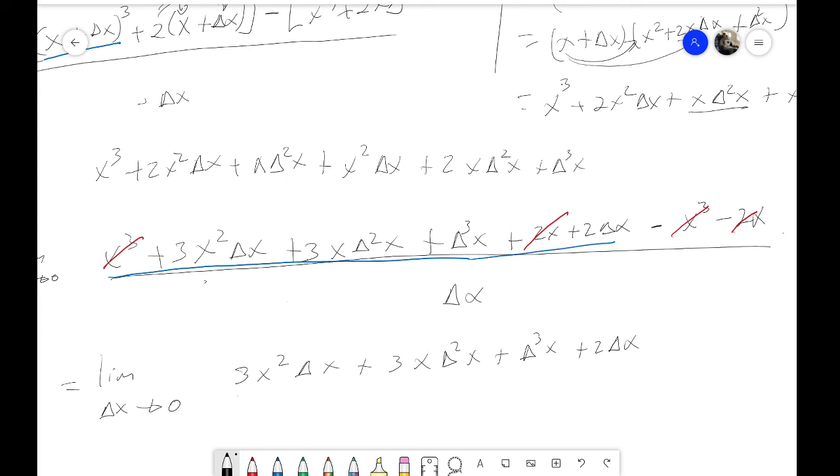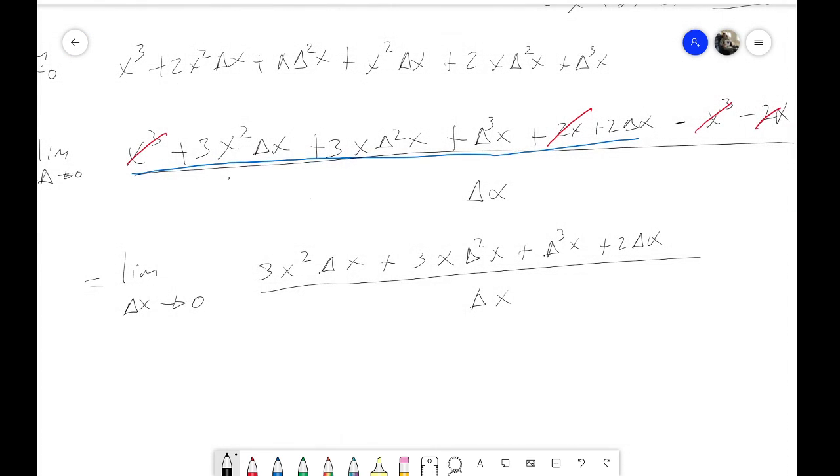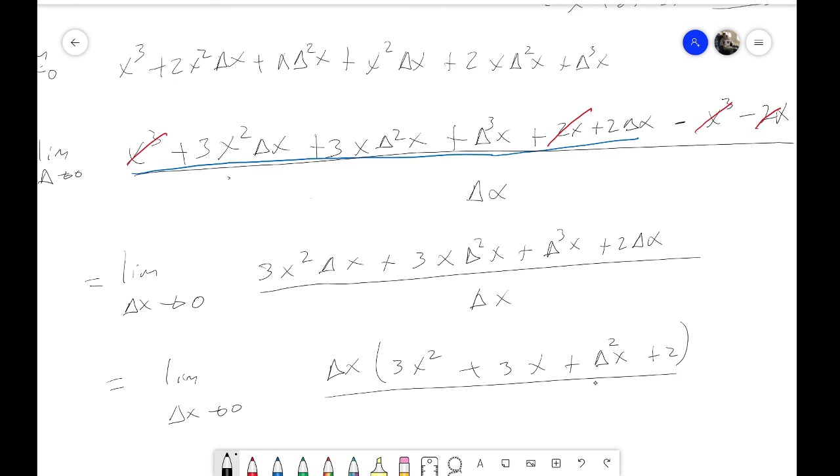Notice that everything in the numerator is in terms of delta x. Everything in the numerator has a delta x factor. So I have the limit as delta x goes to 0 of delta x times 3x squared plus 3x delta x plus delta x squared plus 2. I just took a delta x out of all of them, all divided by delta x.